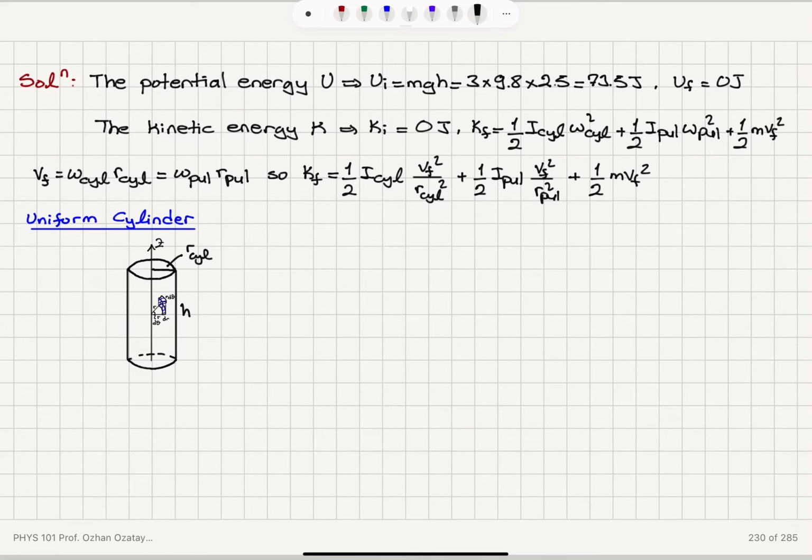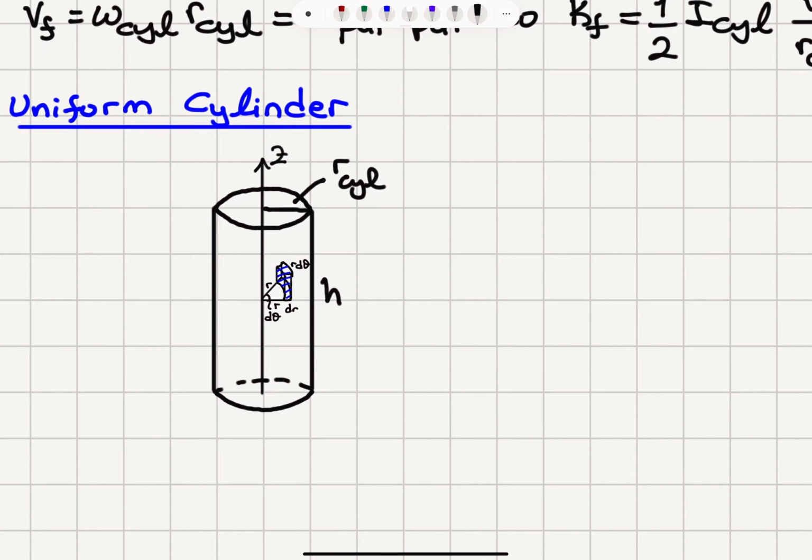Okay, so let's concentrate on the uniform cylinder here. If we are at a distance r from the center, you can see that we will have a region in space where we have a small volume that is defined by dr, r d theta, and dh here. So this will be dh.